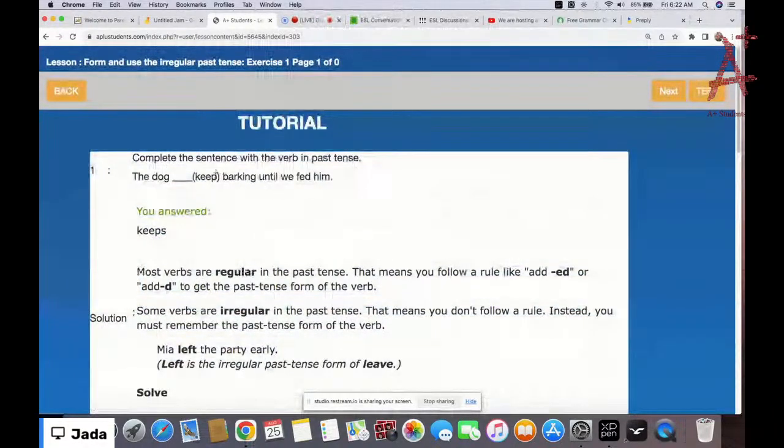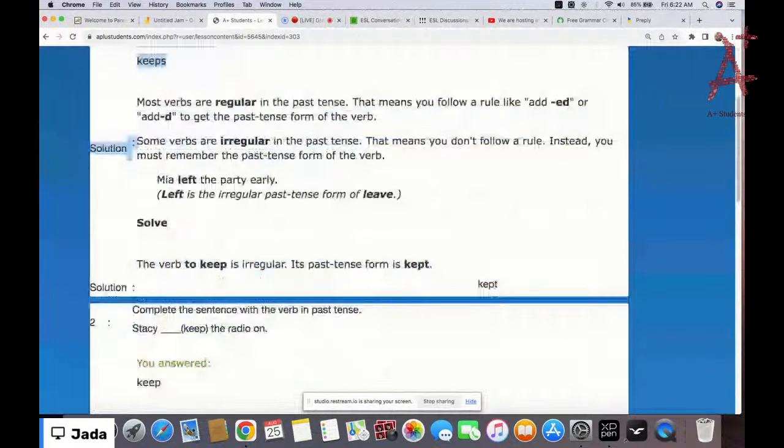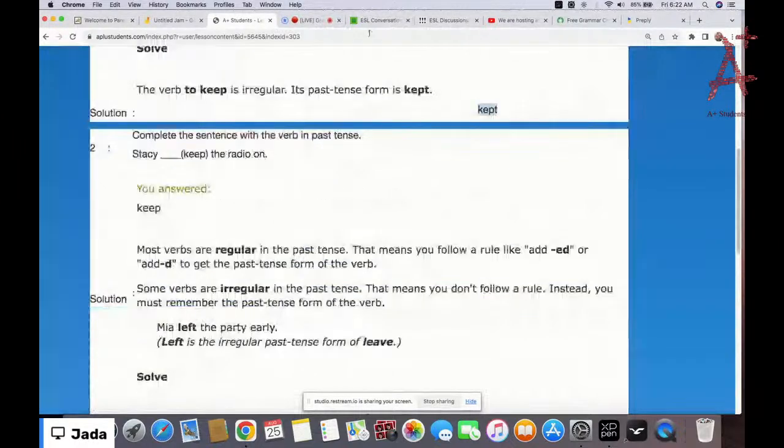So now my dog is singular. So what is going to be your verb? My dog kept. So you are finding the irregular form of the sentence.